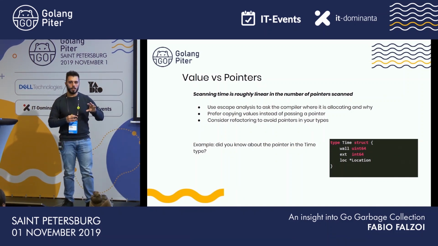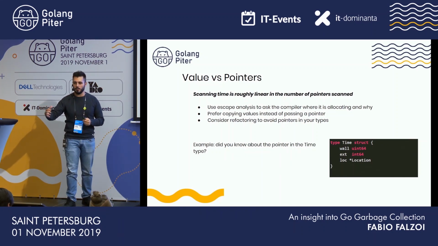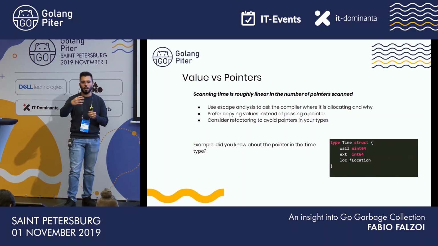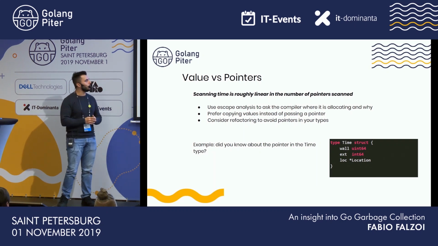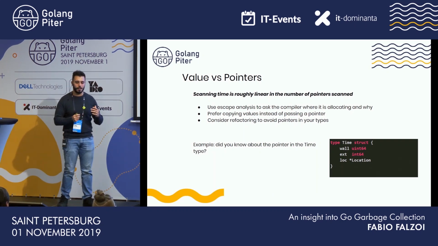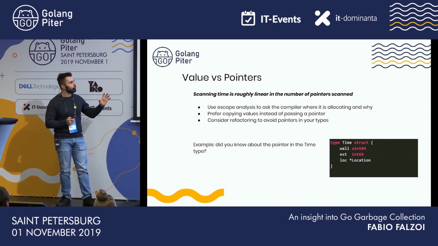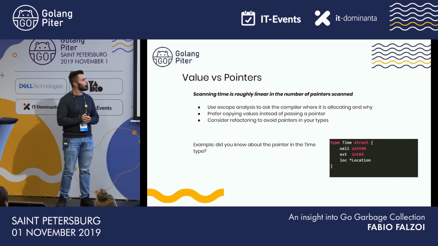First of all, as we saw regarding garbage collection, the marking phase means traversing the entire memory graph. So if you have a lot of pointers, you will have a longer traversing time. But besides, pointers are not good for caches because they have poor locality of reference. So you can experience some problems with your caches.